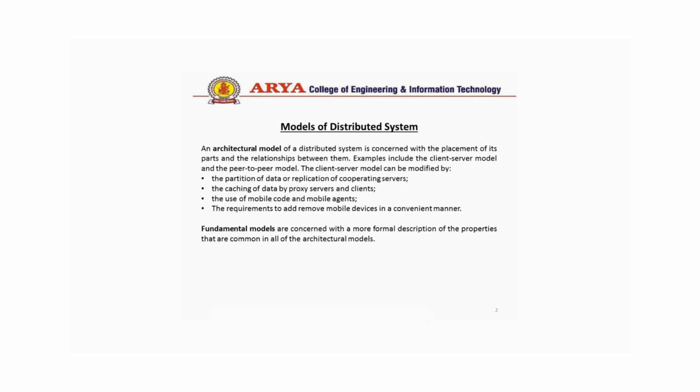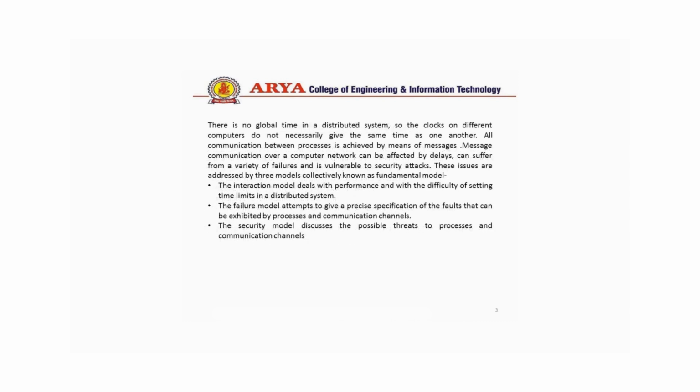Next comes the fundamental model. The fundamental models are concerned with a more formal description of the properties that are common in all the architectural models. There is no global time in a distributed system, so the clocks on different computers do not necessarily give the same time as one another.